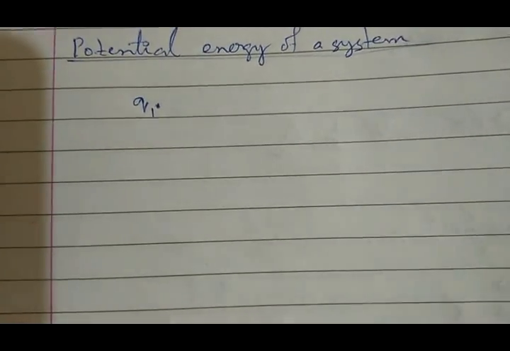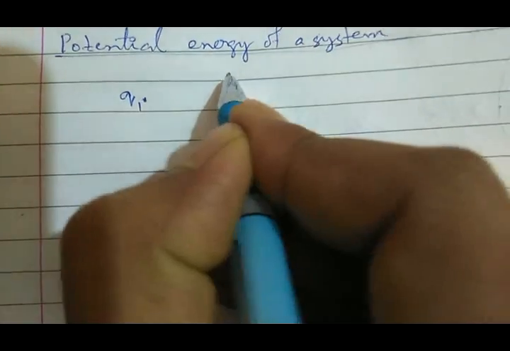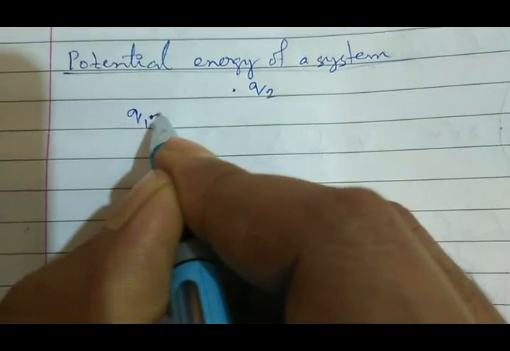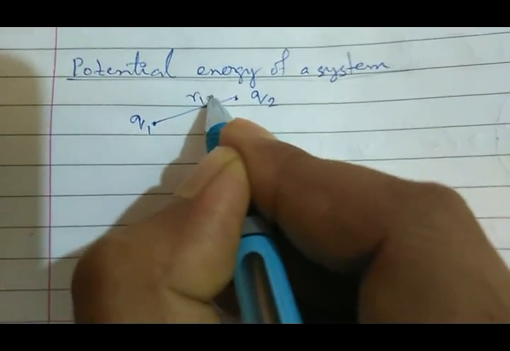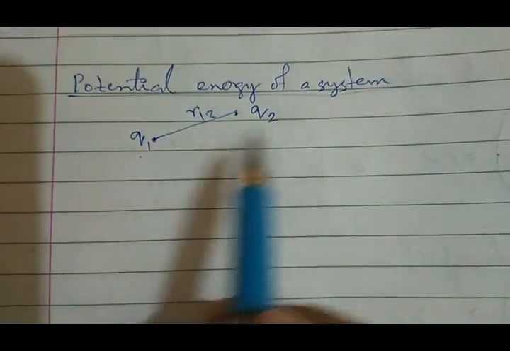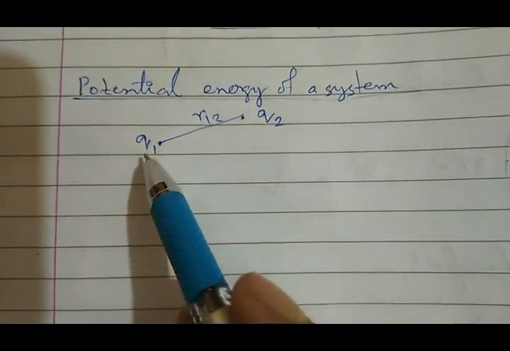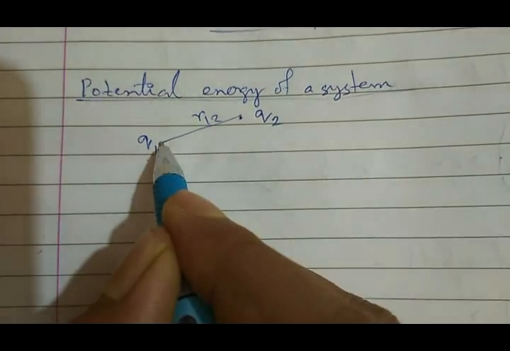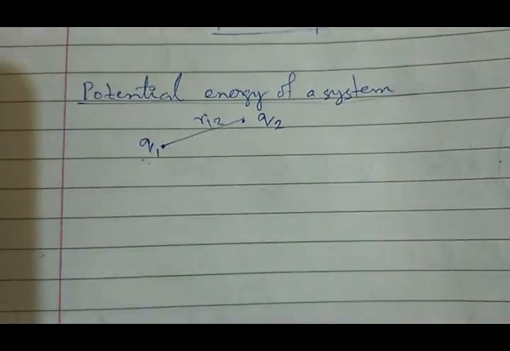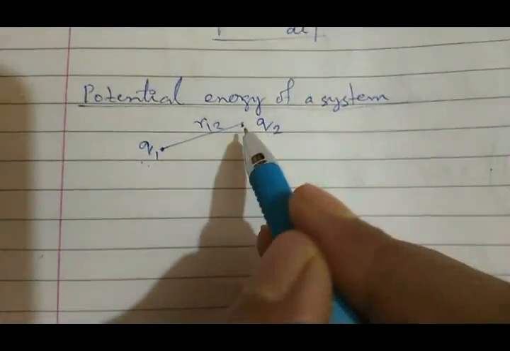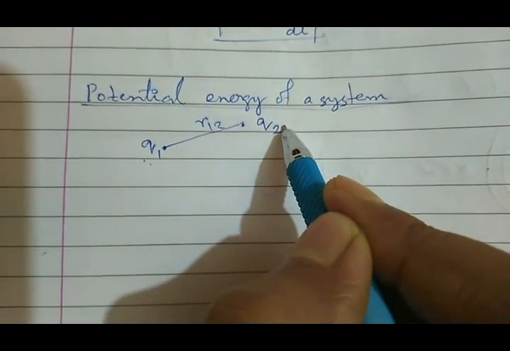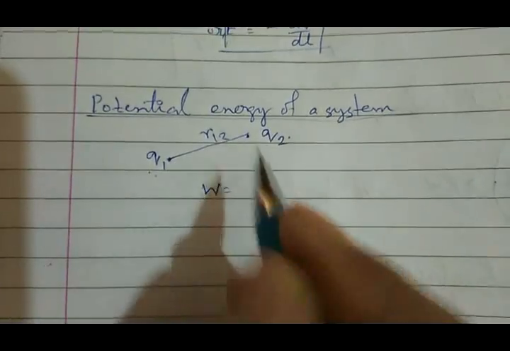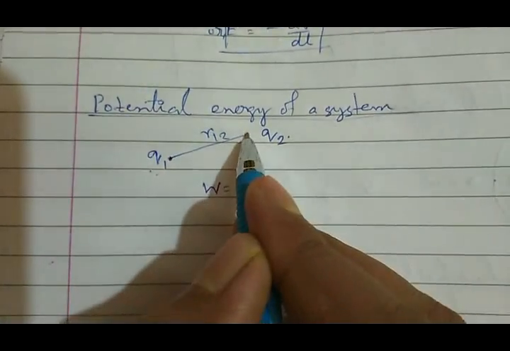Now suppose we bring the second charge at this point, and the distance from this is, say, R12. When we brought the charge Q1, there were no charges around, so it did not experience any electric force, so the work done is 0. Now once we placed this charge, because of this charge there is an electric field. So if we want to bring another charge Q2, we will have to do external work, and that external work is W equals the potential due to this charge at this point multiplied by its charge.